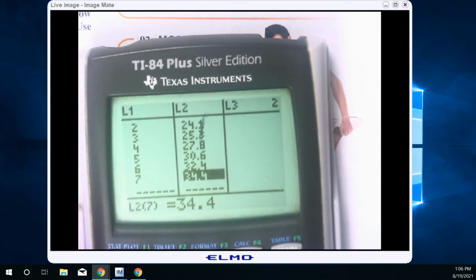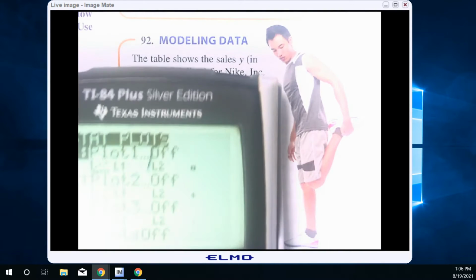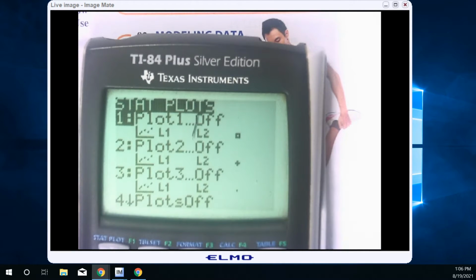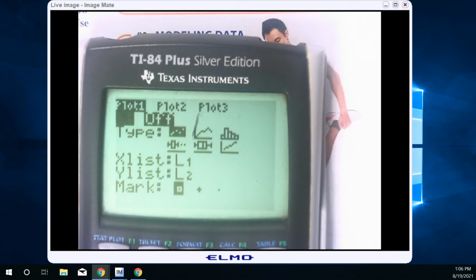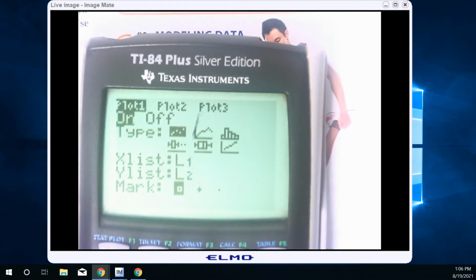Second, stat plot. The second button, the blue one, with the Y equals button takes you to the stat plot. My plot 1 is turned off. All of them are turned off. So I'm going to push enter so that the black box moves from off to on.